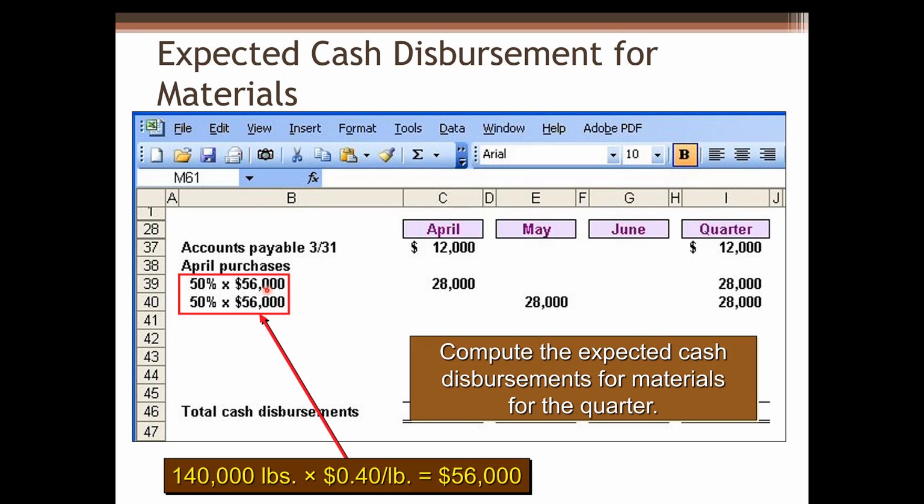The question has told us half of the month's purchases is paid in the month of purchase and the other half is paid in the next month. So 28,000 will be paid in April, and the other half will be paid in May.